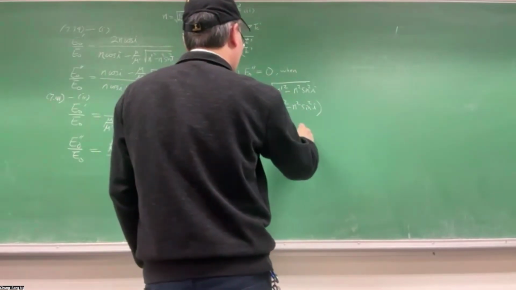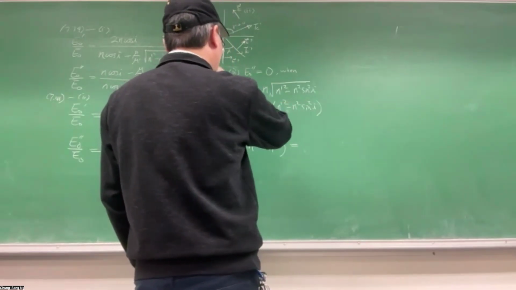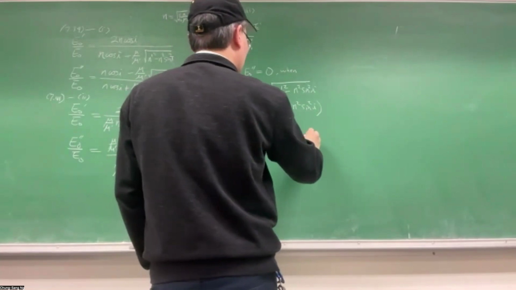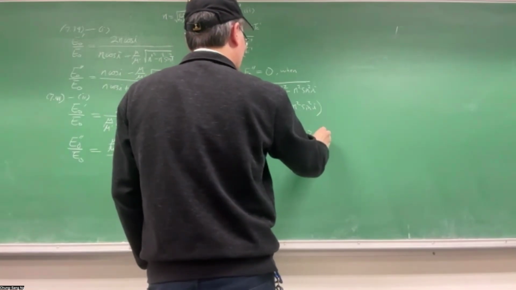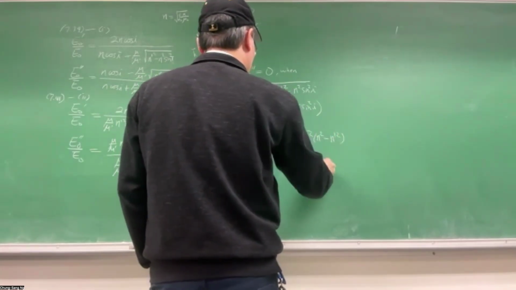So you have n square, n prime square, it's n prime 4. So n prime square, n square minus n prime square.